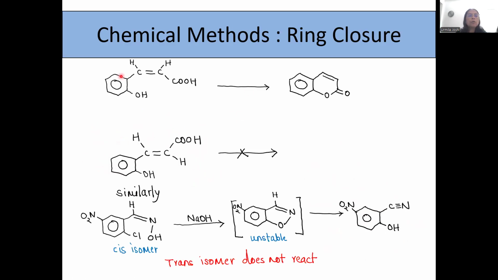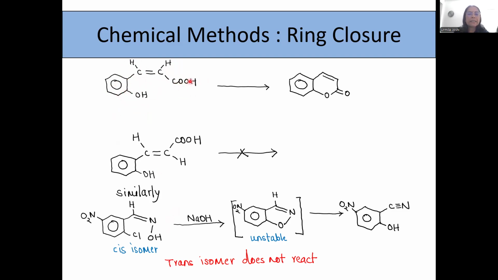Now, coming to another method of ring closure. You do the reaction. This compound is orthohydroxycinnamic acid. The nature of the double bond is such that this is a cis compound, right? This is a higher priority group, this is a higher priority group, both are on the same side.